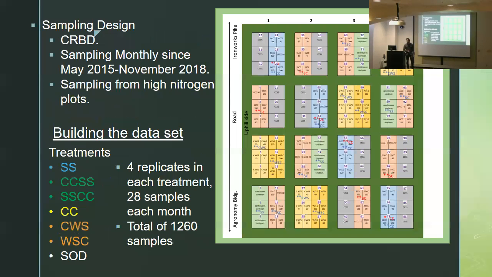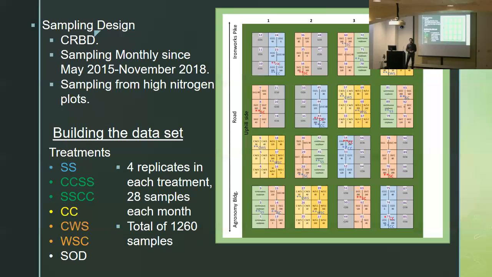To answer these questions, long-term managed agroecosystems set up by Dr. John Grove in 1989 have been continuously planted in different rotational treatments. It's a completely randomized block design, and we have been sampling every month from May 2015 to November 2018. We have also been sampling from high nitrogen plots.